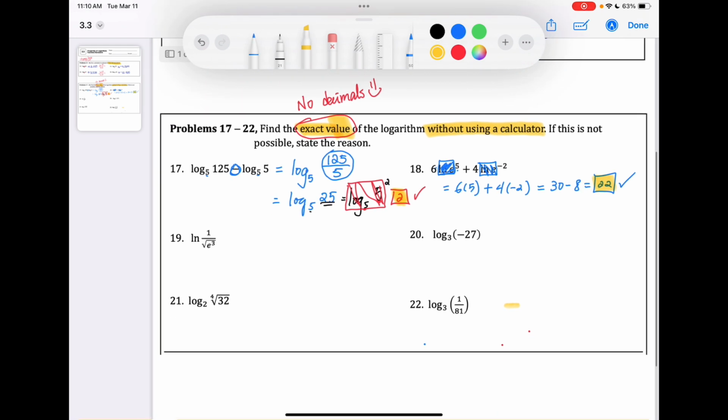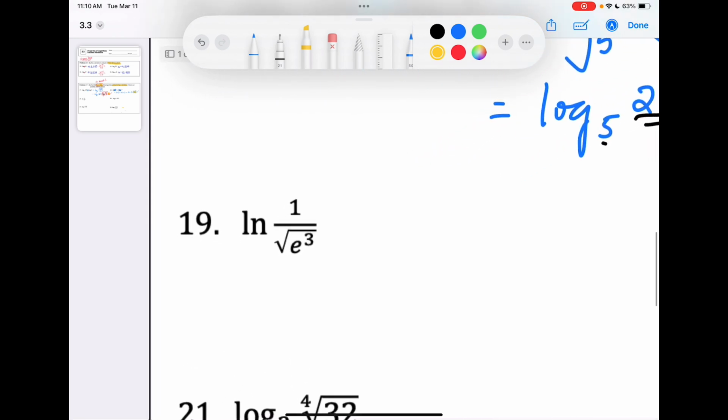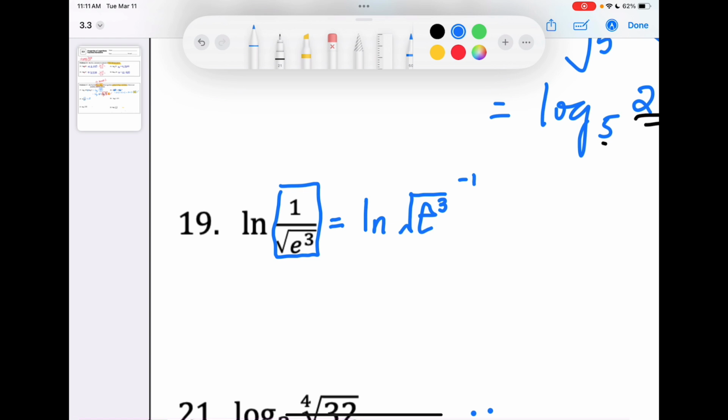In class, we mentioned, hey, I do not like the fraction. So step 1, I can rewrite this guy as a natural log, base is E, but what you see here is a fraction. So I'm going to rewrite this with the negative 1 as the power. So I have square root of E to the power 3, but to a negative 1 power.